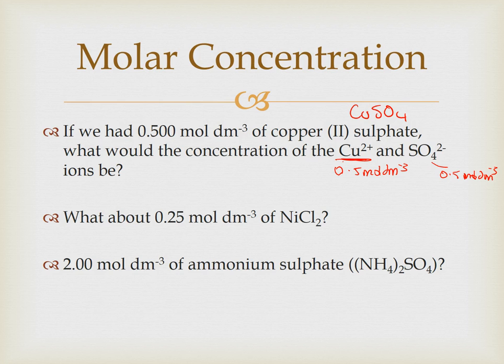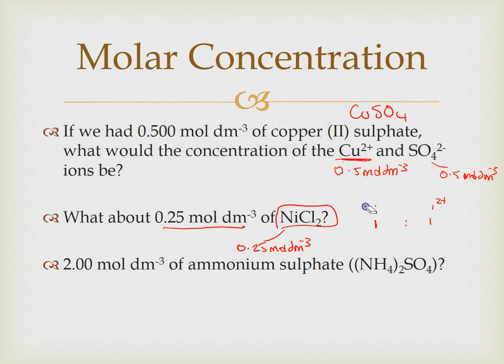If we look at the mole, what about 0.25 mole per decimeter cubed of nickel 2 chloride? This time we need to look at the fact that for every nickel 2 chloride, I have one nickel ion, so it would be 1:1. So in this case, with respect to nickel 2+, it would be 0.25 mole per decimeter cubed. When we look at the chloride, though, we've got a different ratio.